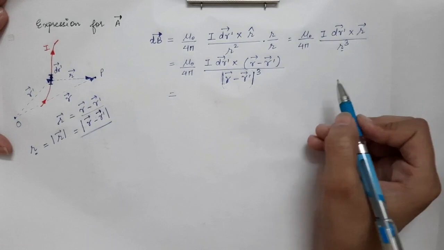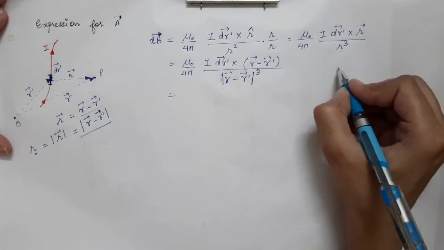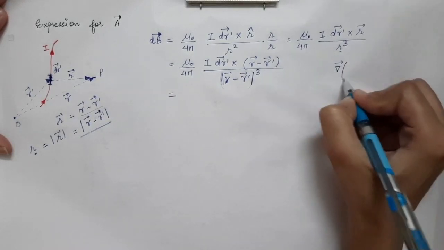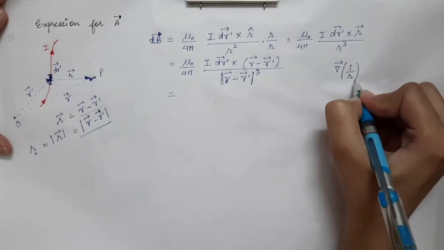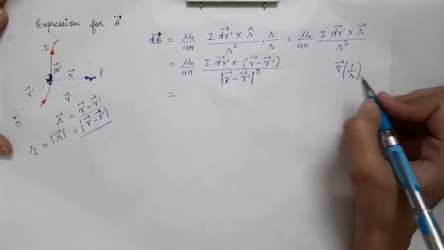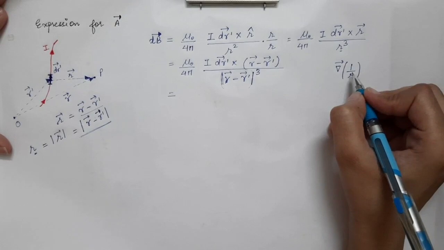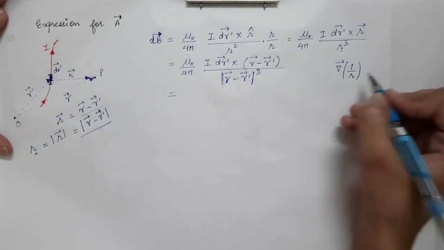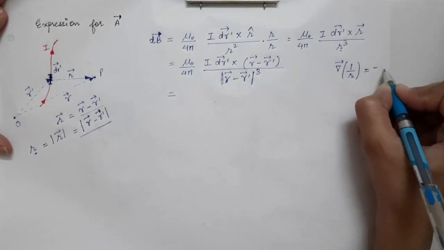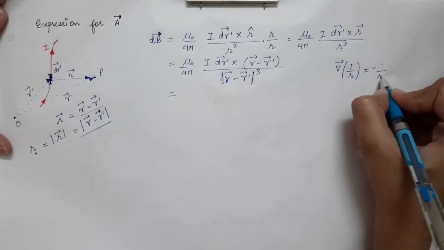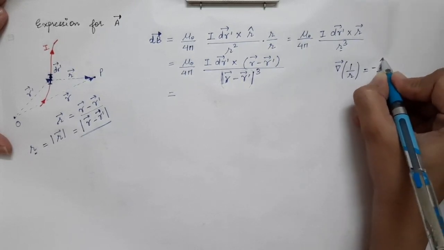Now we are going to see the expression of the gradient of 1 by r. This also we have seen in the previous lecture: the gradient of 1 by r will be equal to minus 1 by r square, then r cap.